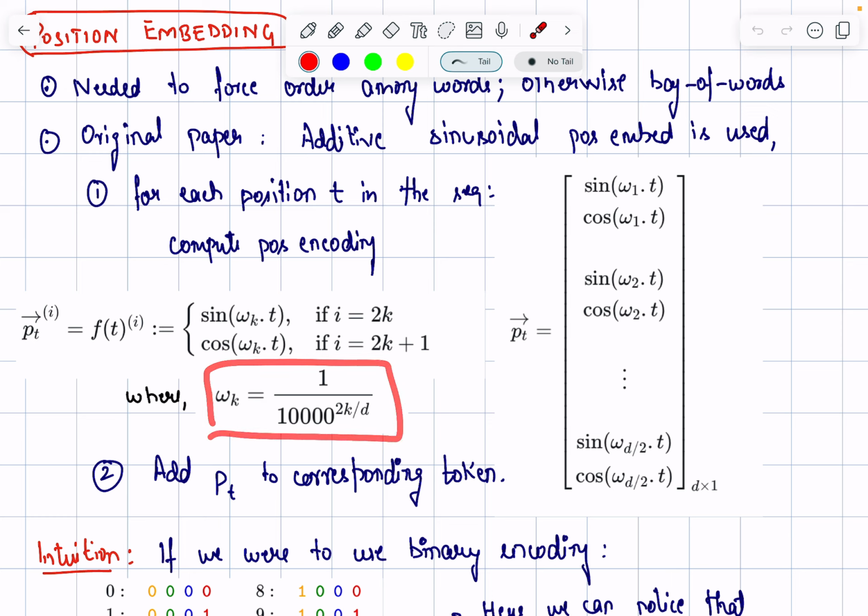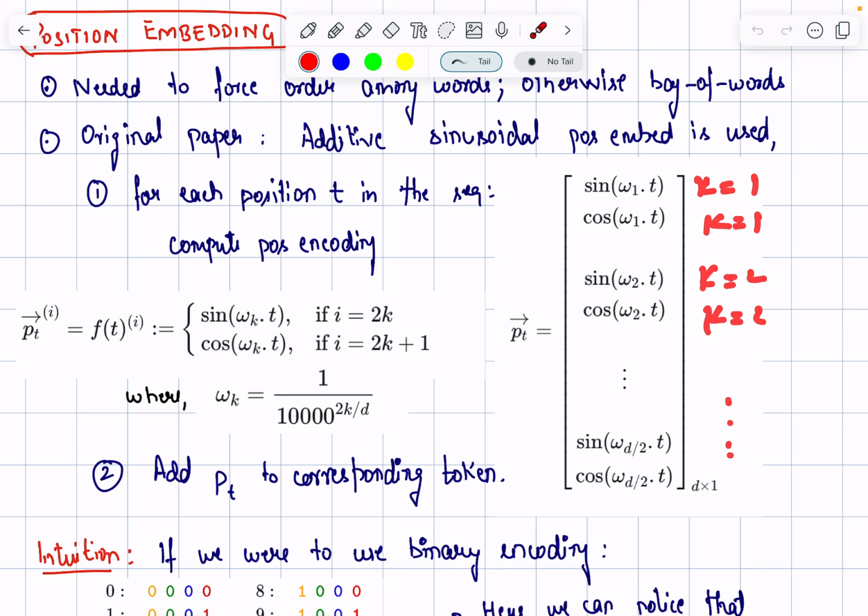Omega k is simply 1 over 10,000 raised to the power 2k/d, where k is the index. In this case k is equal to 1, again k is equal to 1, then k is equal to 2, again k is equal to 2, and so on. If we have a d-dimensional vector, k is equal to d/2 in the last two positions.